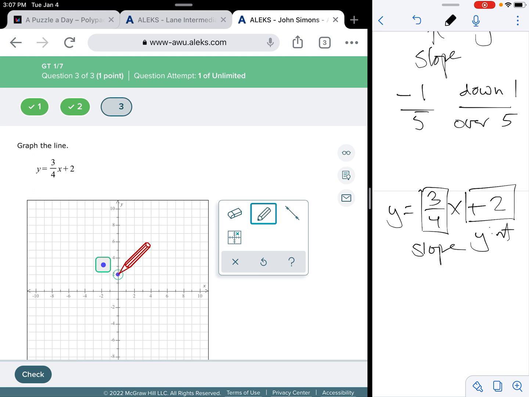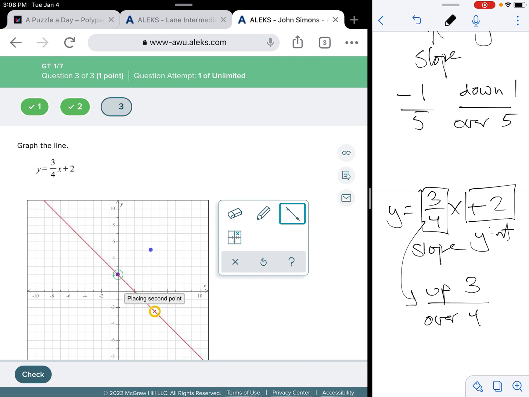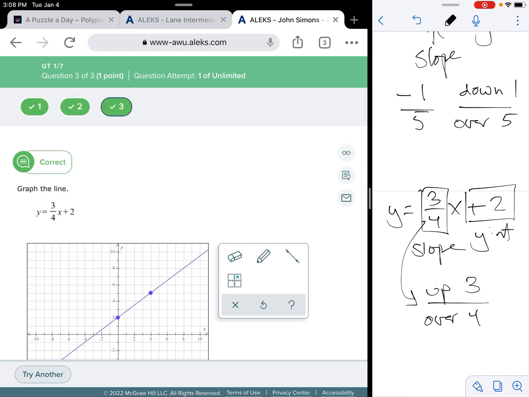My slope is 3/4, so I'm going up 3 because it's positive, and I'm going over 4. It's always either up or down, and then over to the right. So up 3 is 1, 2, 3, and then over 4 is 1, 2, 3, 4. Put your point, move your line, and boom.